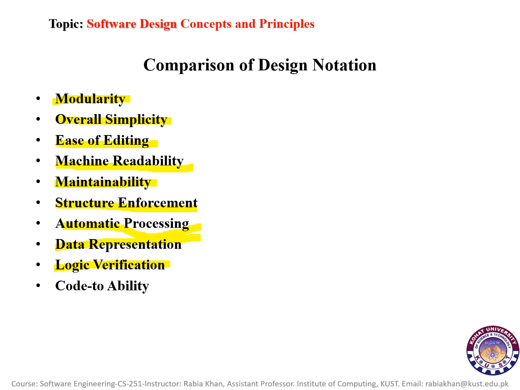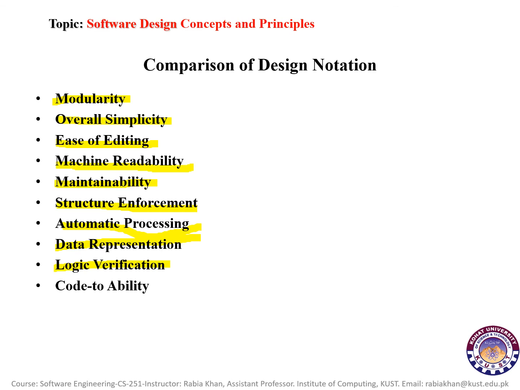If the design notation itself verifies the logic of the code, the testing phase becomes quite easy, since testing is quite an exhaustive task. So logic verification through the design notation simplifies the task of the tester.